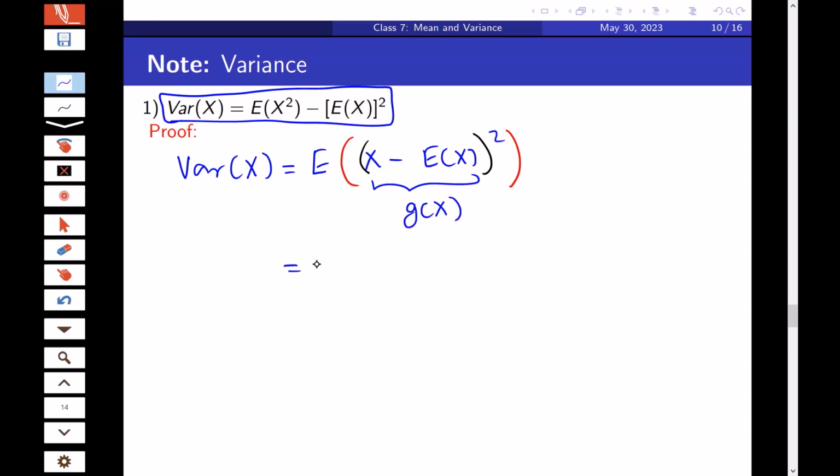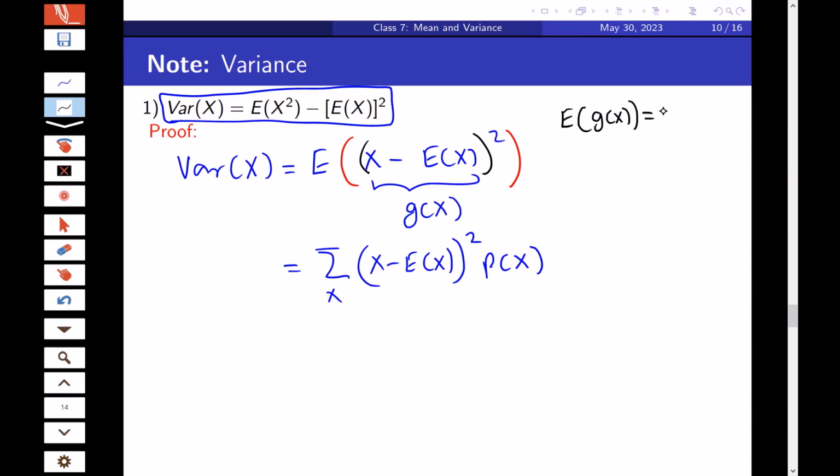Now I'm going to write down the definition of this expectation, which is the sum over x of x minus E of x, squared, times p of x. So this is a function of a random variable, and the definition is E of g of x equals the sum over x of g of x times p of x. This is the definition I used to write the second step.